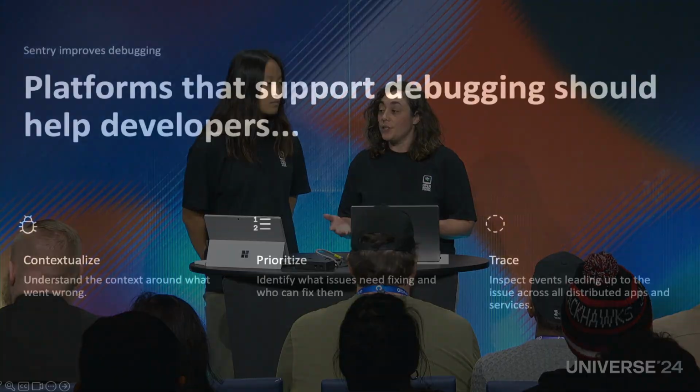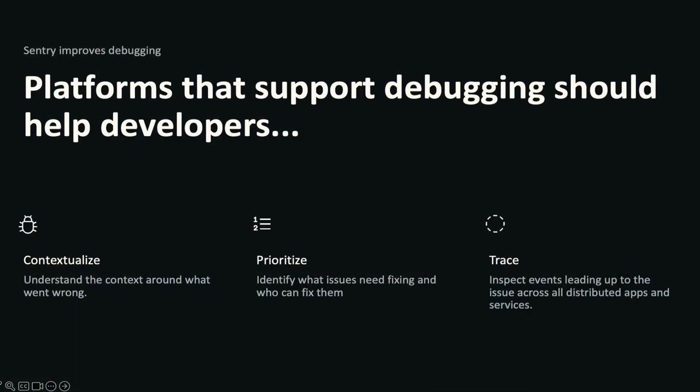But beyond monitoring, we believe that every developer should be sure that their systems are also debuggable. So dev tools should be supporting developers in that goal of a debuggable system in 3 key ways: by helping you contextualize, prioritize, and trace. So what does this really mean?